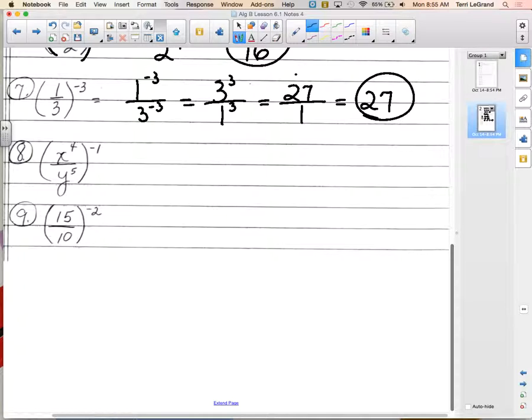Now we have in number 8, x to the 4th power over y to the 5th. That fraction, that division problem, is being taken to the negative 1 power. So we're going to give x to the 4th its own negative 1 power. And the reason we use parentheses this time is because we have a power that has to get raised to a power.